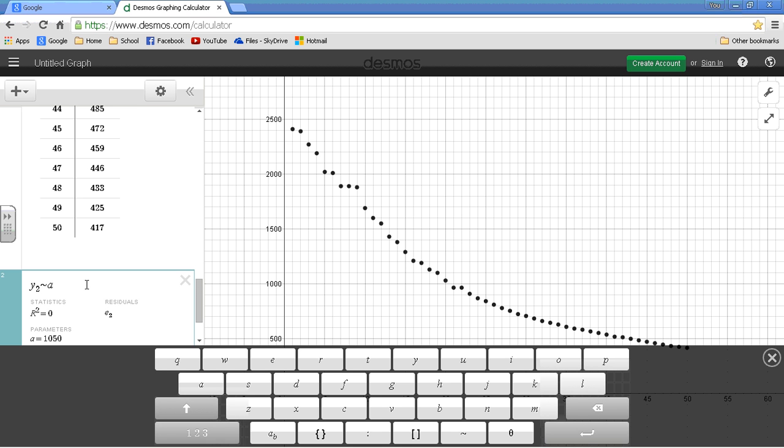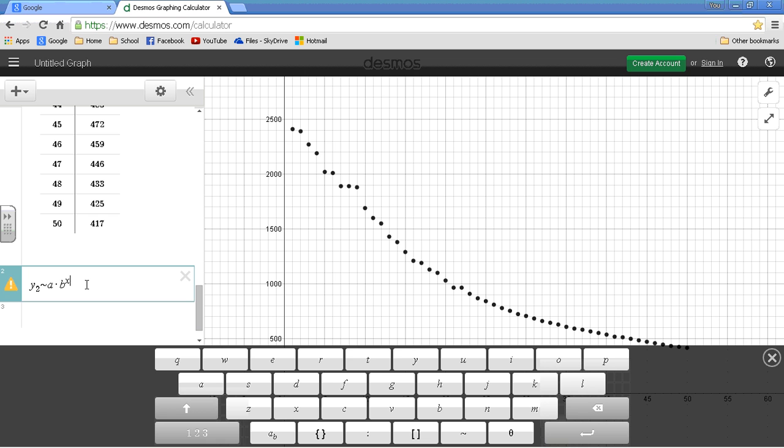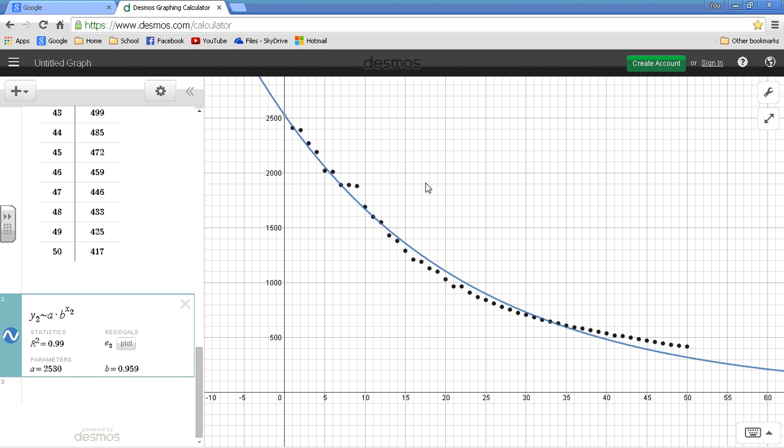So a times b to the exponent x2. And notice this one isn't actually that great of a model. For some reason, I think Desmos actually grabs only a few points. There's no way that it shouldn't be able to do a better graph of this, but at least it gives me something that I can work with. So there's my function, and I'm just going to write that down.